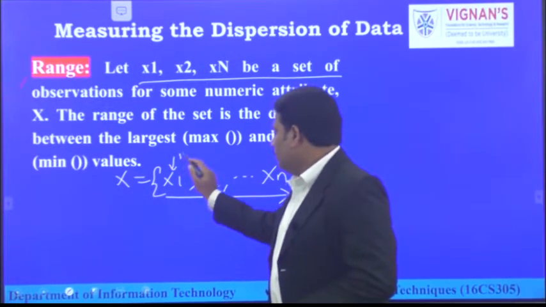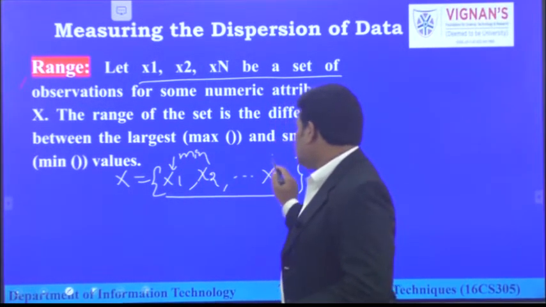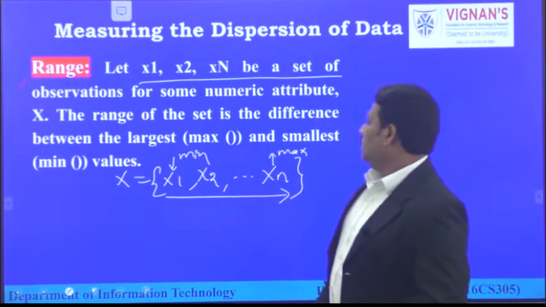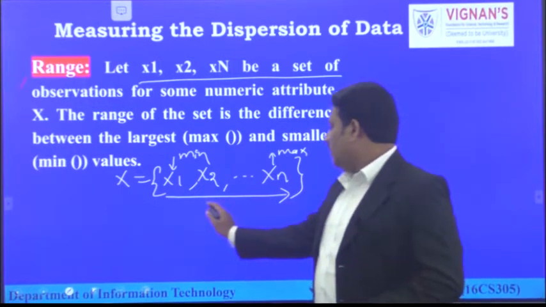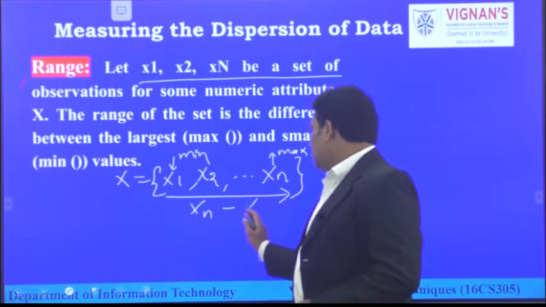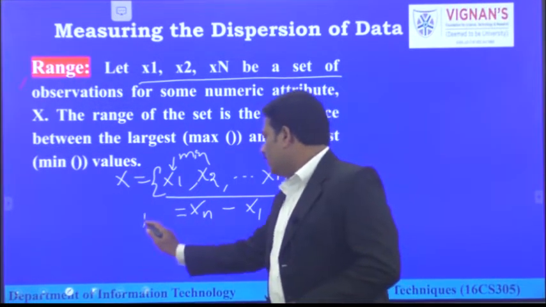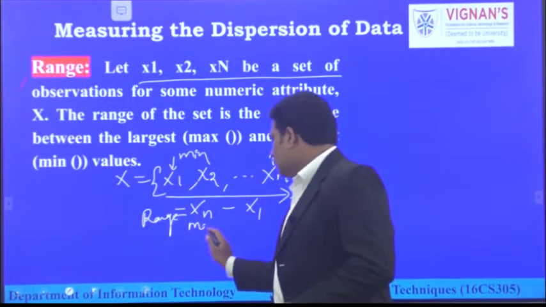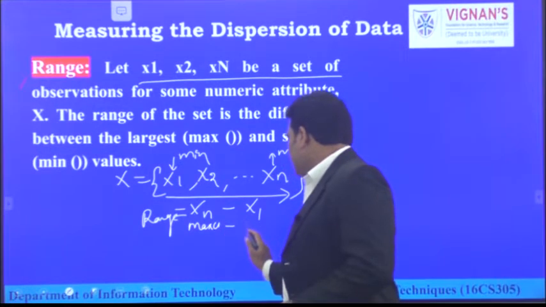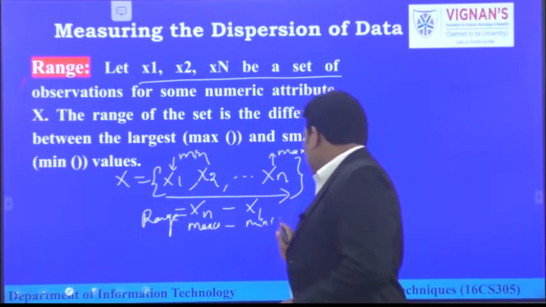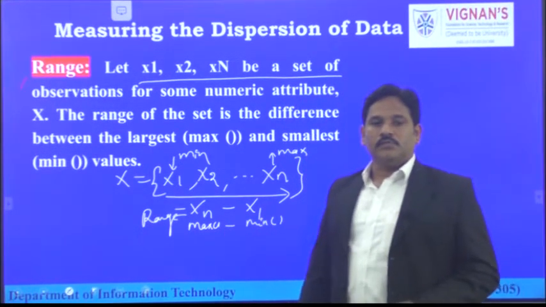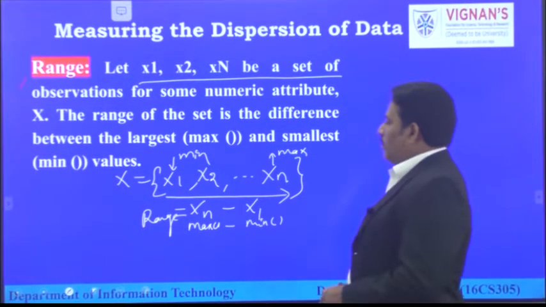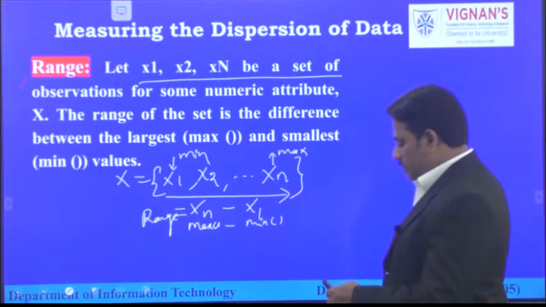The first will be the minimum value and the last will be the maximum value. Now the range can be found as the difference between the maximum and the minimum, that is xn minus x1. This xn is the maximum value minus the minimum value. The difference between maximum and minimum we call the range.